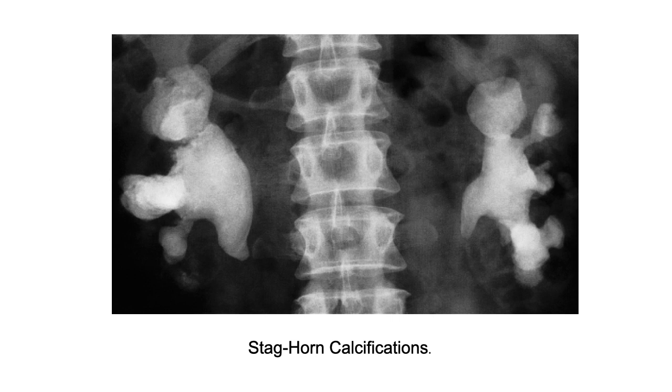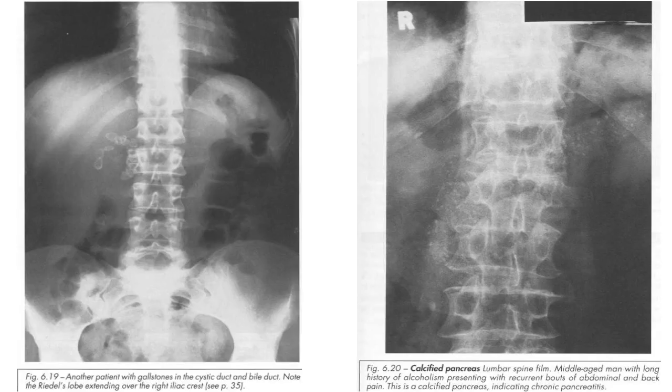This is when all the calyces and the pelvis of the kidney are calcified. Feel free to pause the video and look up on YouTube or Google what a staghorn calcification is. We have complete and incomplete types, for your better understanding of this pathology.